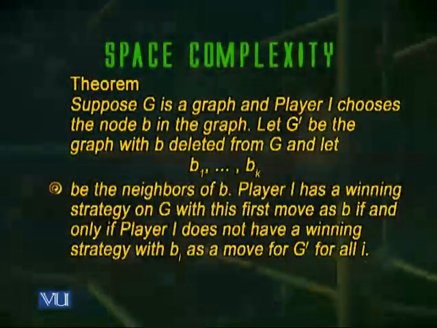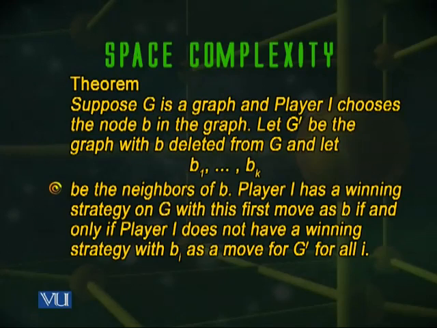Our claim is that player 1 wins with this move if player 2 does not have a winning strategy by choosing Bi as a move for G prime, for all i. So, player 1 has chosen the vertex B. Now the only choices player 2 has are B1 all the way up to Bk in the graph.